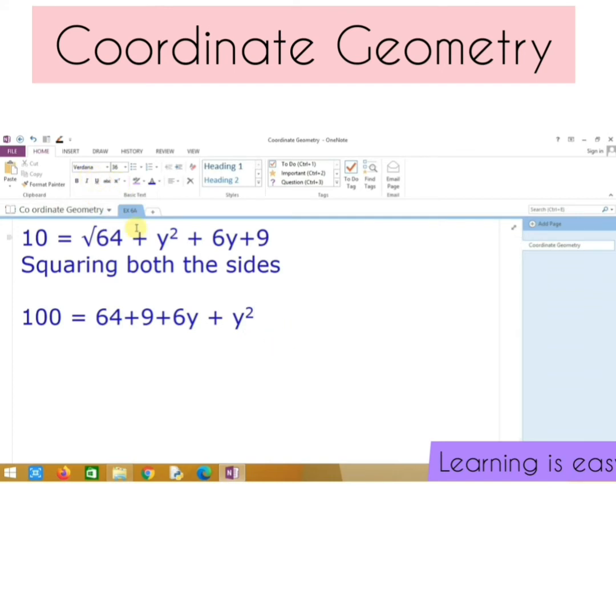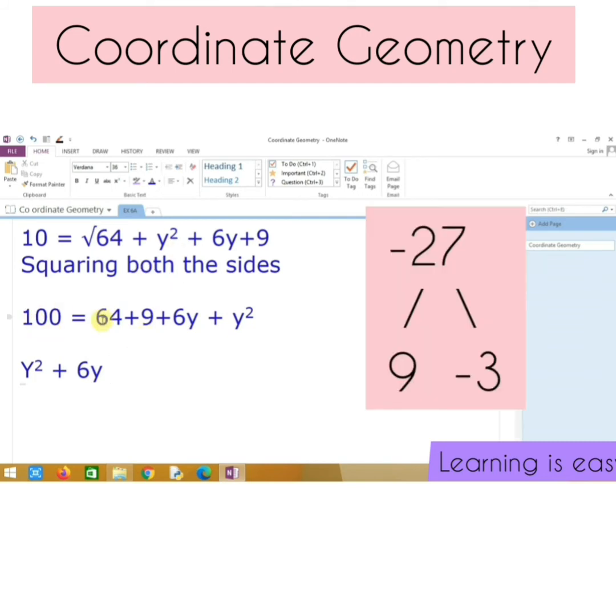So we can just simplify all the numerals to write it in a quadratic equation form. That's going to be y square plus 6y minus 27. So the product is minus 27, 9 threes are 27, and the sum is plus 9 minus 3.